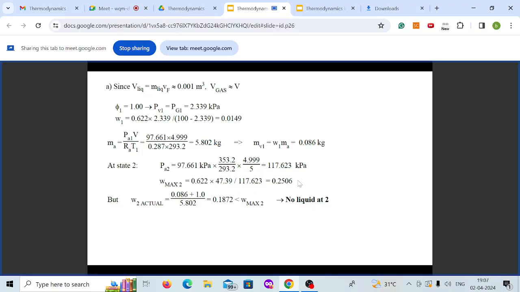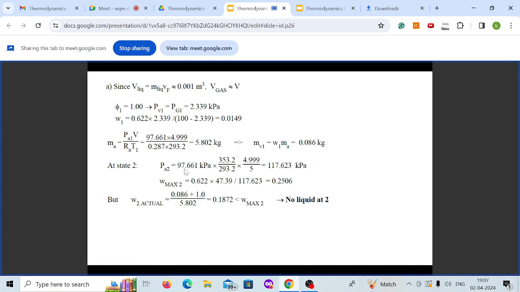So next is state 2. This whole content is at 80 degrees Celsius. At 80 degrees Celsius, we'll see the change in pressure of the dry air.